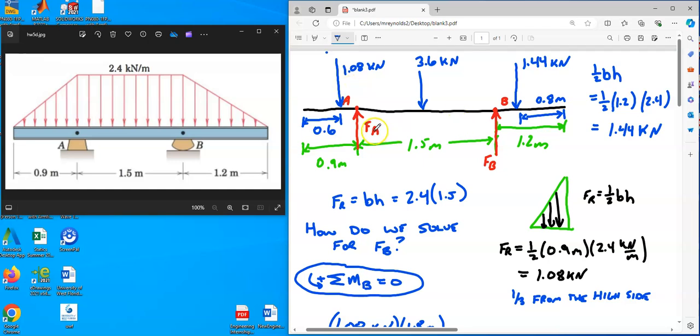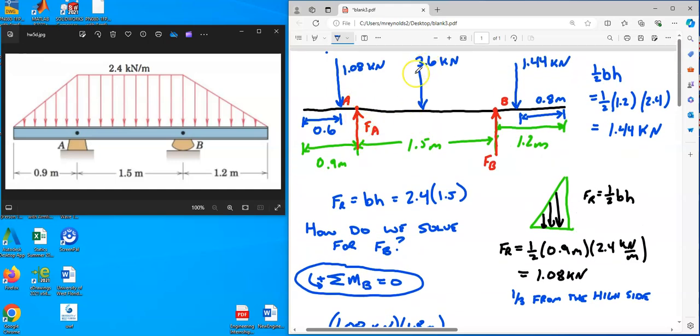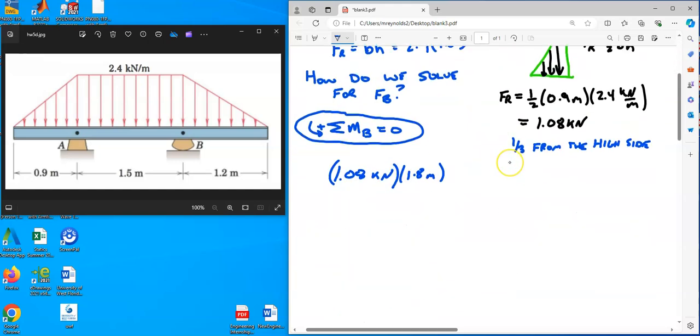Well, what about FA? Does that create a moment about B? Sure it does. How much is it? I don't know, but I can write it very simply as force times distance: FA times 1.5. And by the way, that is negative because it's clockwise around B. So I write minus FA times 1.5 meters. All right, keep going, we're almost done.